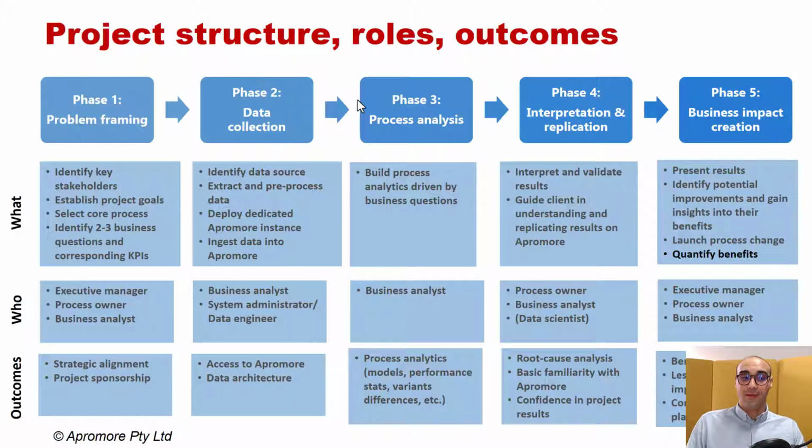And then you need to include people like the executive manager and the process owner. The outcome of this phase is going to be the realization of the benefit, and hopefully the organization would apply your suggestions.